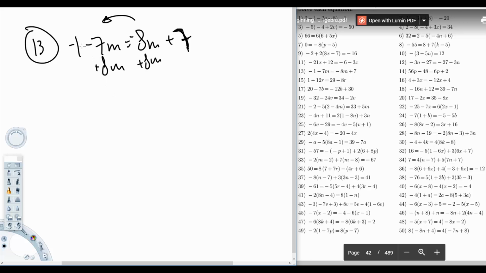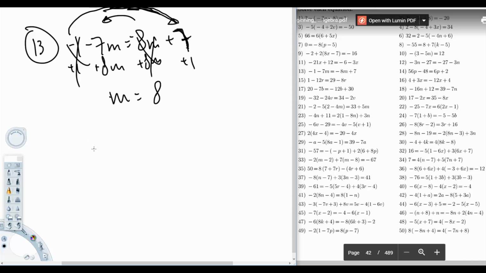I'm going to take this negative one and put it on the other side. So plus 1 here, plus 1 here. What I get is minus 7m plus 8m equals m. This cancels out, this cancels out. 7 plus 1 equals 8, m equals 8. Does that make sense? Yes, that's good.